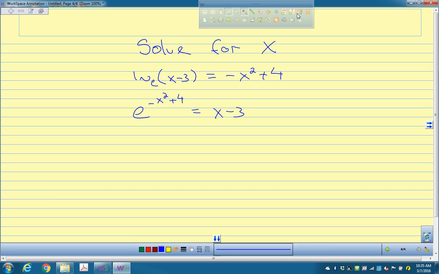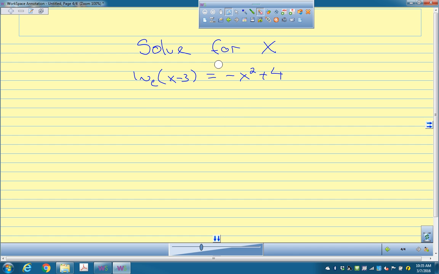So the only way really to do this is with a graphing utility, okay? So what you want to do is graph natural log of x minus 3, which for those of you who didn't know on the quiz, is shifted to the right 3 units.